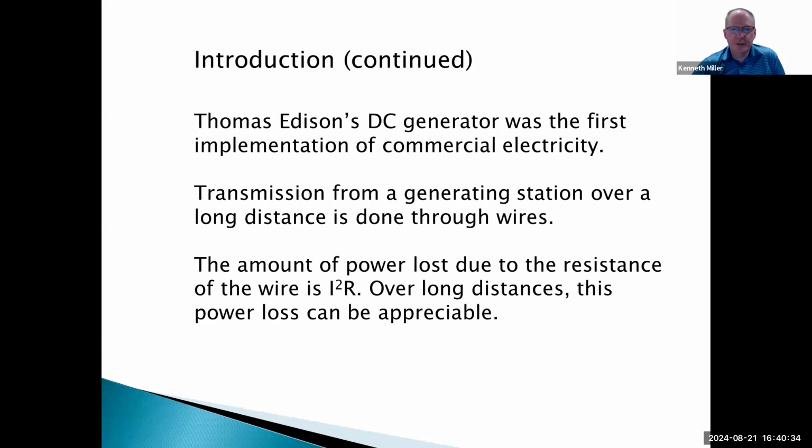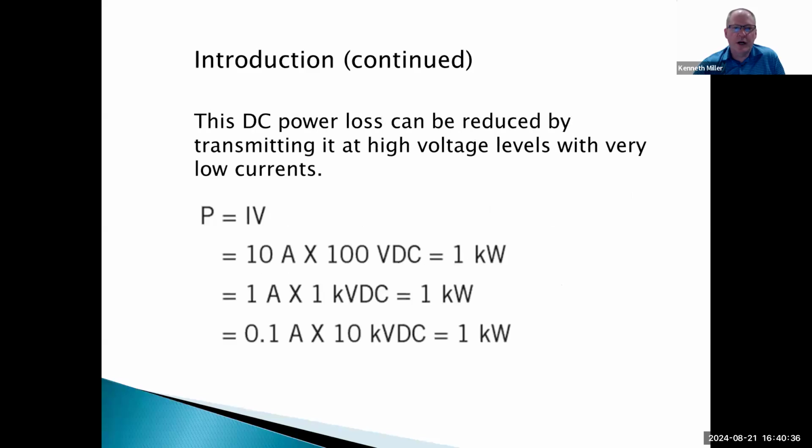So at very high voltages, we want to reduce the amount of power loss by decreasing the current. If you have a really low current and a really high voltage, you still have the same power.